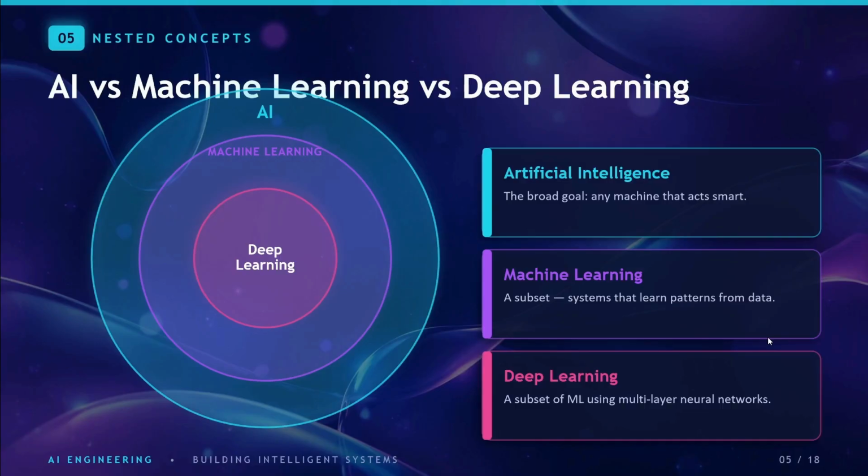Deep learning is what powers things like image recognition and advanced language models like ChatGPT. So remember this hierarchy. AI is the big goal, machine learning is one major approach to achieve that goal, and deep learning is a specialized and more powerful technique within machine learning.